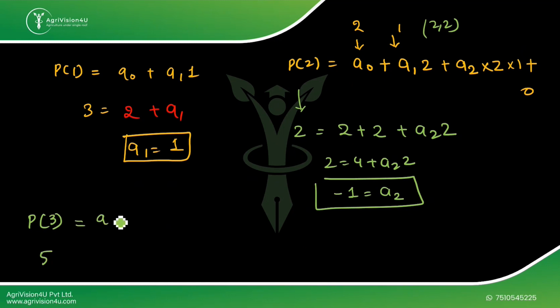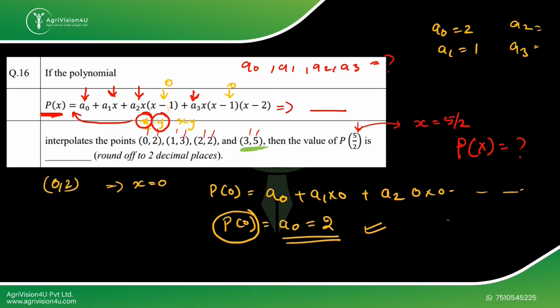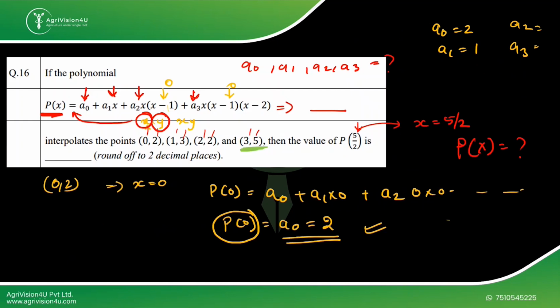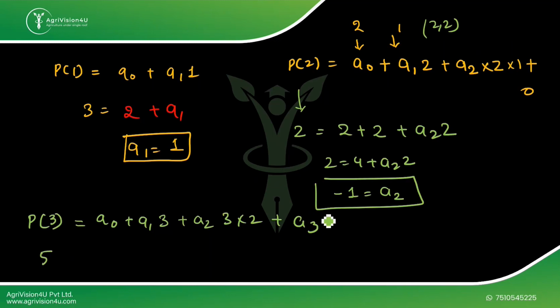Now put the values of a0, a1 into x, which is 3, a2 into 3 times (3 minus 1), that is 3 into 2, plus a3, where a3 goes with (x minus 1)(x minus 2). In this case it will be 3 into 2 into 1. You know the values of a0, a1 and a2. Now you have to calculate a3.